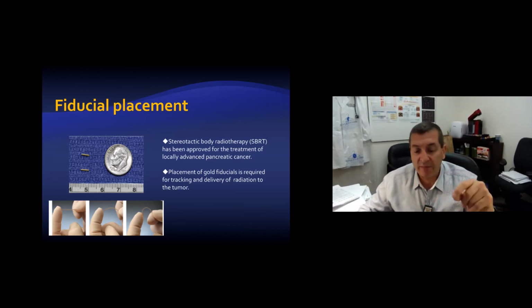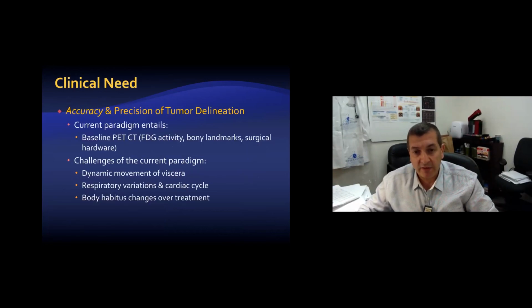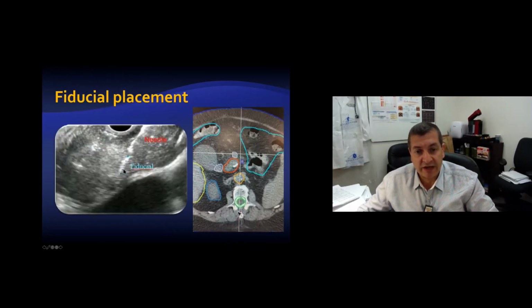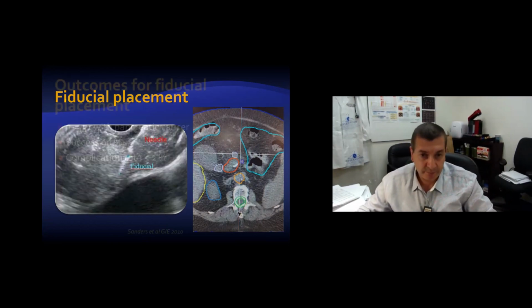So a lot of the time they ask us to place those fiducial markers, which are like gold probes, into the tumor itself. This is how the needle is injected. This is the fiducial, and as you can see on CT scan, the fiducial marker is very accurate in telling them exactly where they need to target.